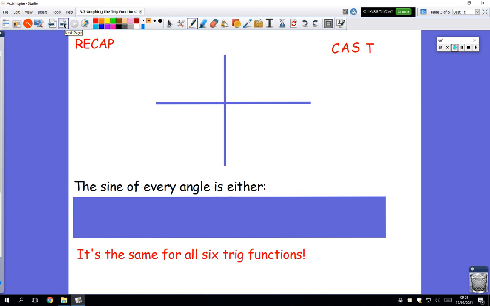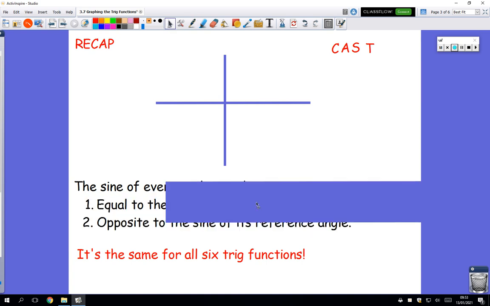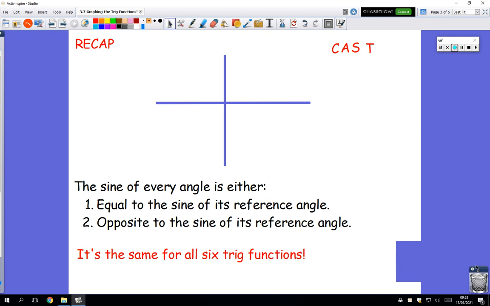Okay. One thing to remember, the sine of every angle is either going to be positive or negative. And the sine of every angle, if I just draw an angle in here, for example, the sine of that angle will be positive because it's in quadrant 2, the sine of that angle will be negative because it's in quadrant 3, and it will be actually equal to the sine of its reference angle.